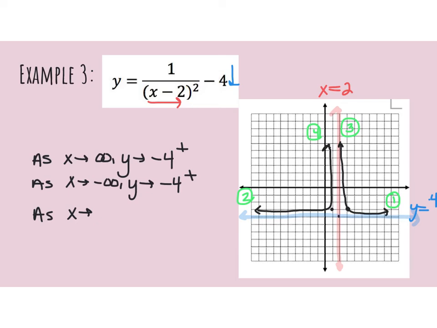So as x approaches 2, y is approaching positive infinity. And arrow 4, as x approaches 2 from the negative side, y approaches positive infinity. So notice those two end statements are the same, both going towards positive infinity.